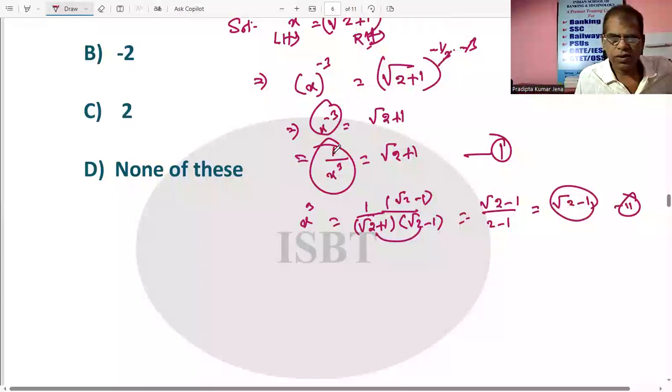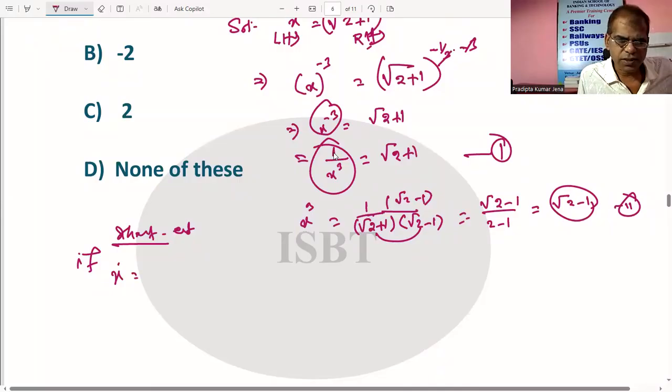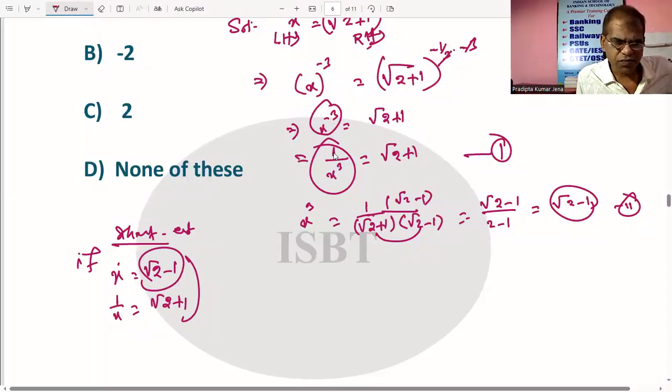So now the shortcut formula, look, children. Suppose x is equal to root 2 minus 1, so 1 by x should be just its reverse, root 2 plus 1. Vice versa, if x is equal to root 2 plus 1, so 1 by x should be root 2 minus 1. Okay, this is the shortcut formula.